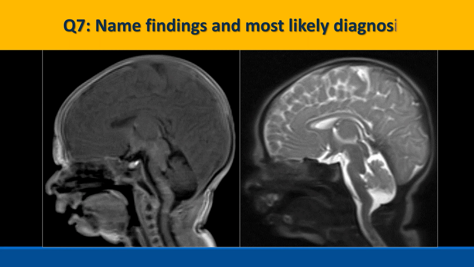I would probably say the pons looks hypoplastic. Agreed. And the inferior vermis looks hypoplastic as well.